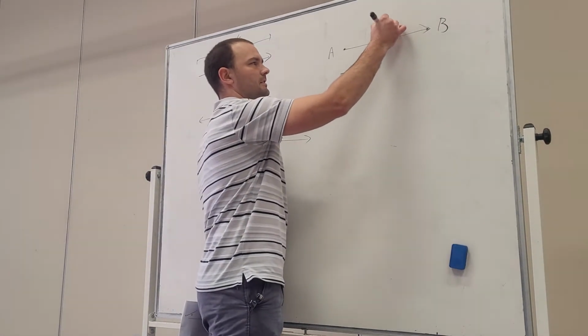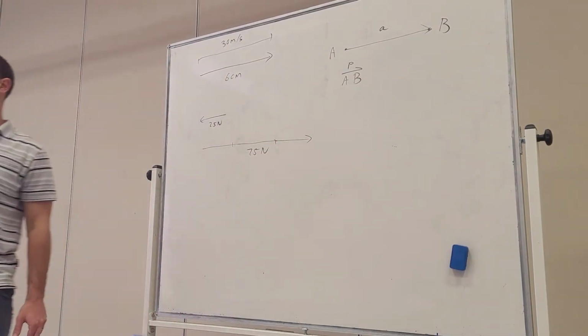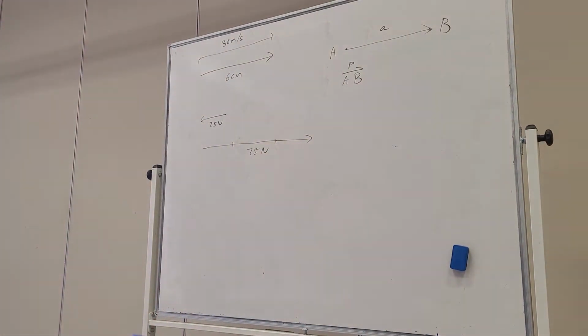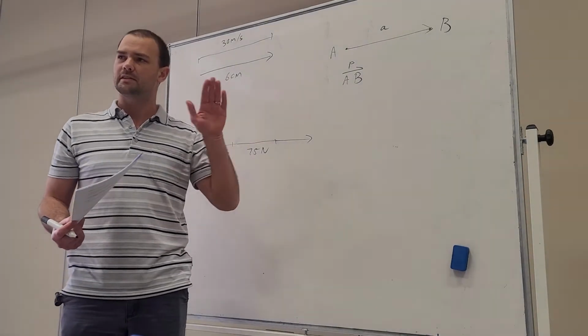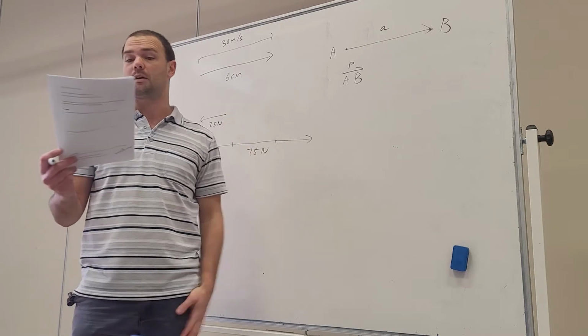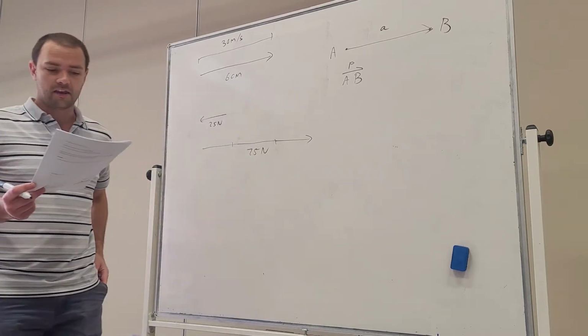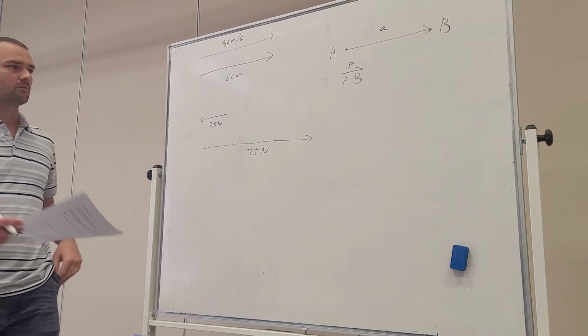You could define this as vector a, you could define it as vector p, whatever. We can use numerals to define vectors as well. Vector equality: 2 vectors are equal if they have the same magnitude and direction. If they're pointing in the same direction and they have the same size, then we can say they're equal to one another.